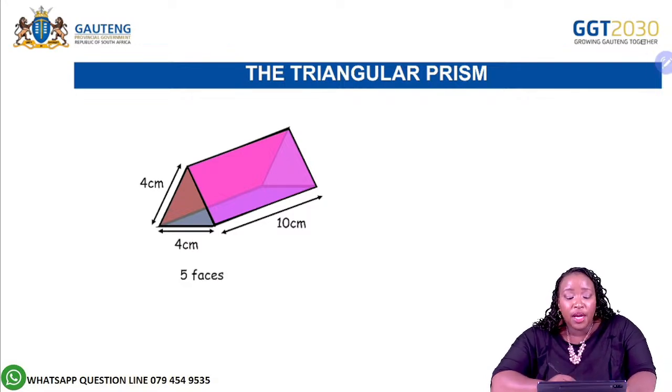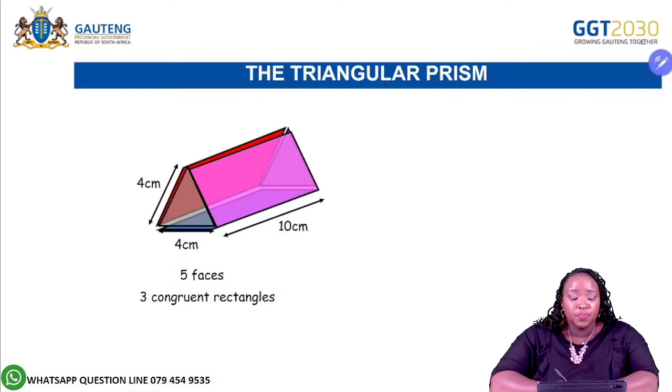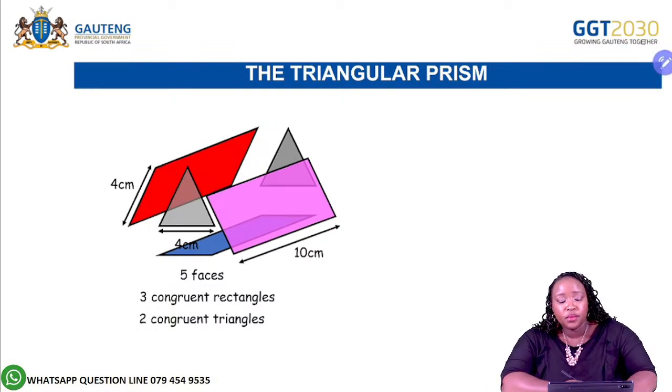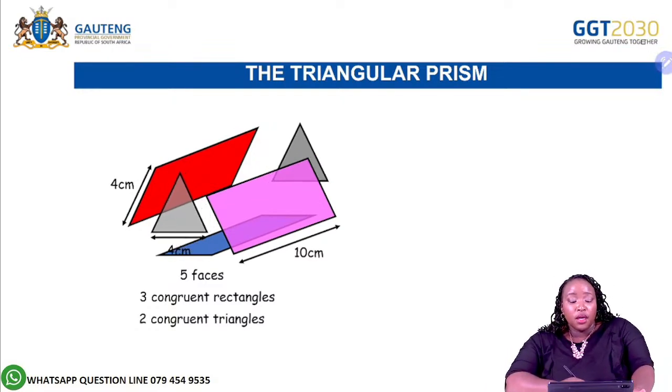For example, this triangular prism will have 5 faces. That is the general standard for a triangular prism. It will have 3 rectangles that are the same, so they'll have the same measurements. All of them will have 10 times 4 as their area. And then you will have 2 congruent triangles as well.